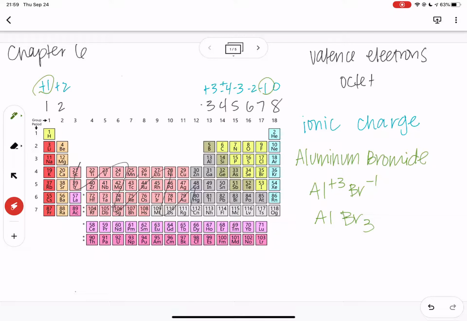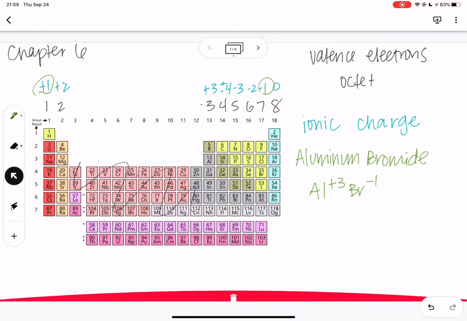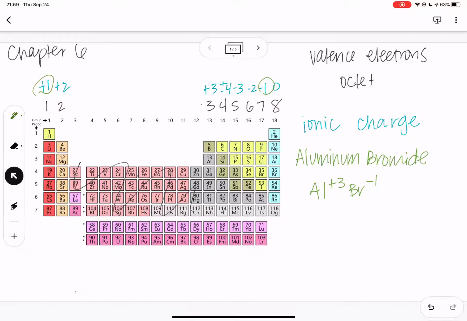subscript of 1. Now, if you're thinking like, why is that the case, here's why. Let's say you see that we have aluminum with a +3 charge, bromine with a -1 charge.